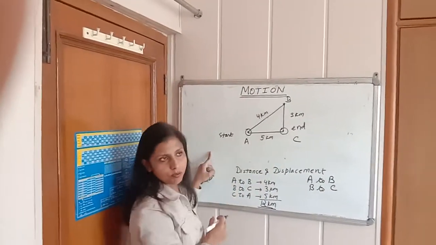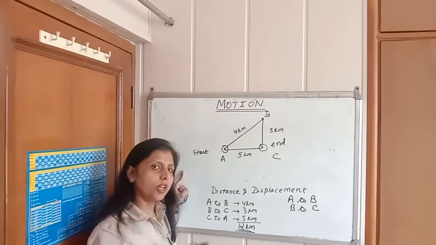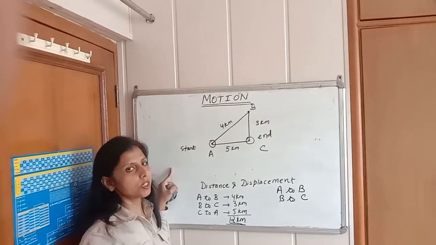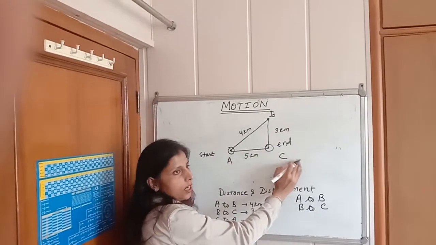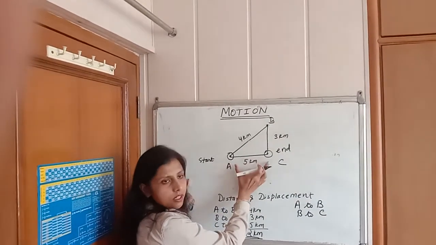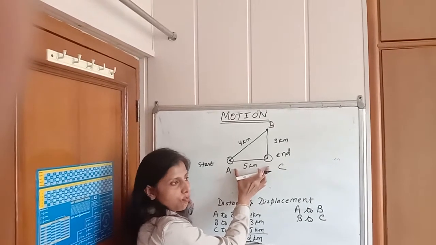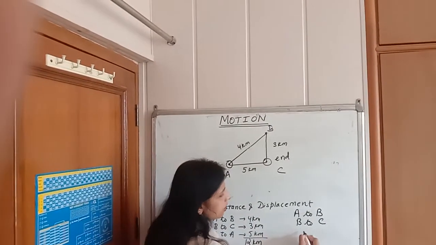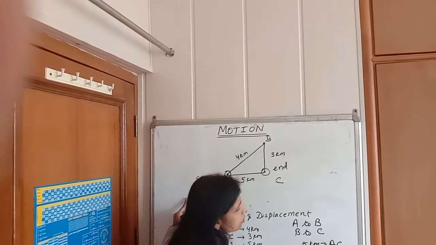The shortest length of path, a straight line between the initial point and the ending point, is called displacement. So when the body has moved from A to C, the shortest distance is 5 kilometer, which will give us the displacement. So displacement is 5 kilometer, which is the length from A to C.